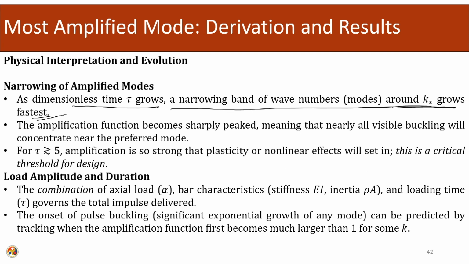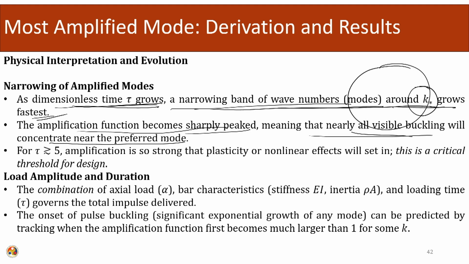So, for large time t, a narrowing band of wave numbers will occur around k star. The preferred amplification will occur around the value of k star. The amplification function becomes sharply peaked, meaning all visible buckling modes will concentrate near the preferred mode.